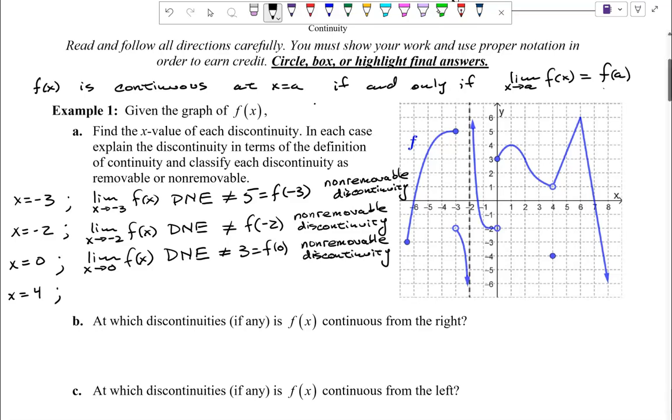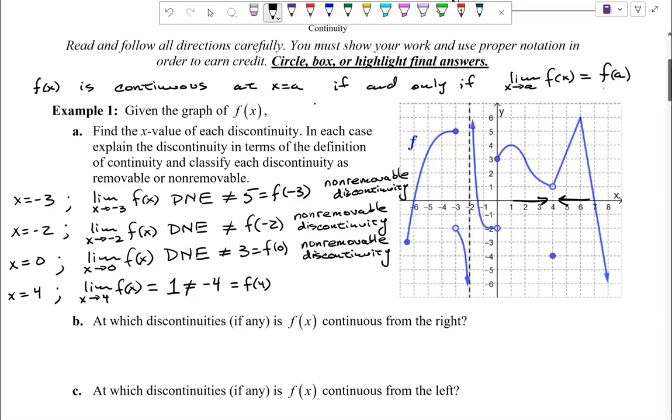Lastly, let's look at x equals 4. When we approach from the left and from the right, that limit as x approaches 4 of f of x is equal to 1. And notice that f of 4 is equal to -4. And those two are not equal.